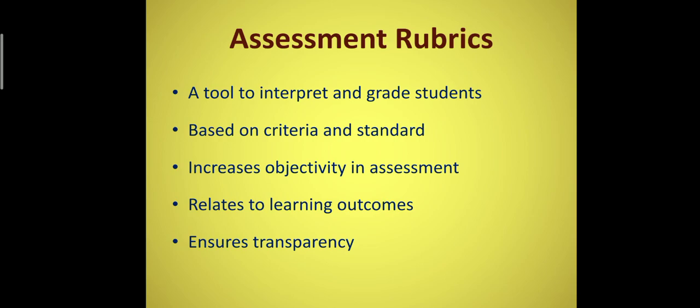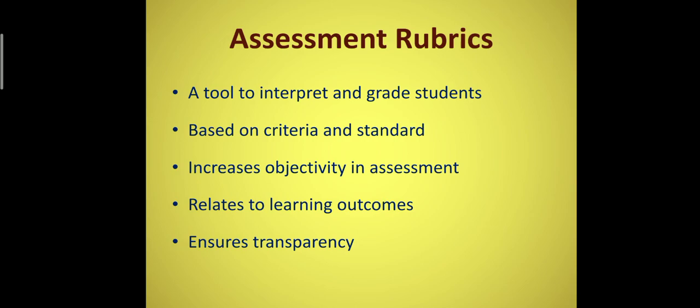We have to mark according to the rubric, on the basis of what the learner has written in the answer script. I will go through the guidelines and then give the scoring accordingly. So it increases objectivity in assessment, and it relates to learning outcomes.